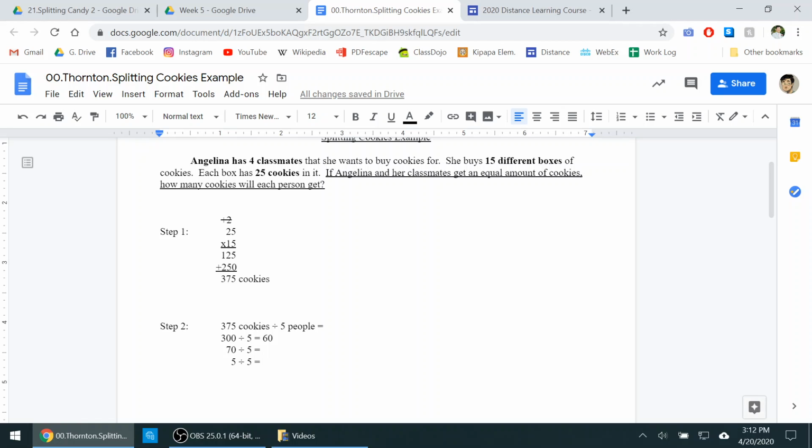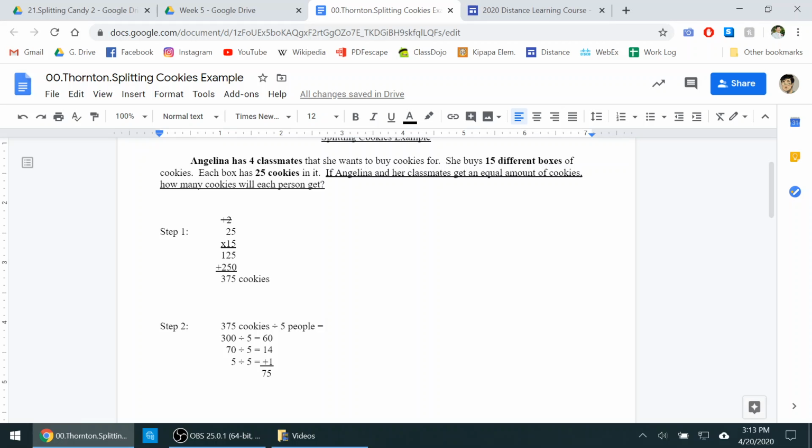We come over here to the 70. Let's see, if we count by 5s, that would be 14, I believe. Okay, and then 5 divided by 5 is 1. All we have to do is add up these numbers here, and you'll end up with 75.